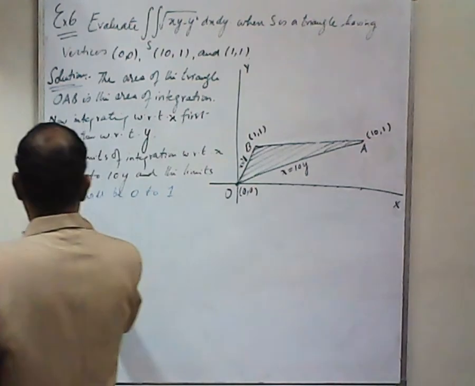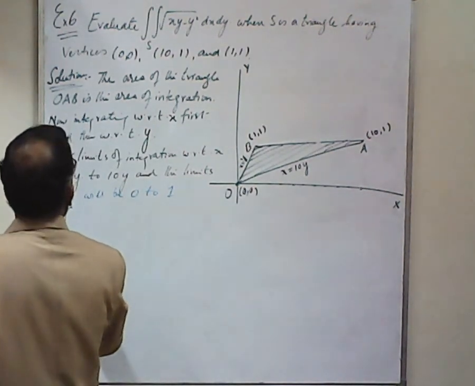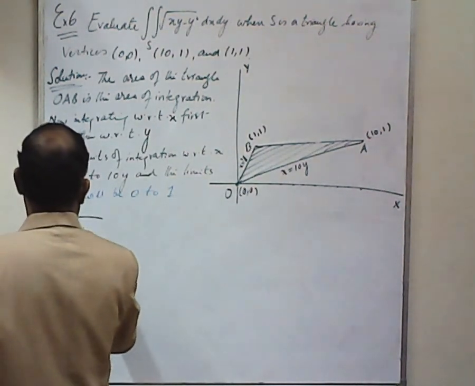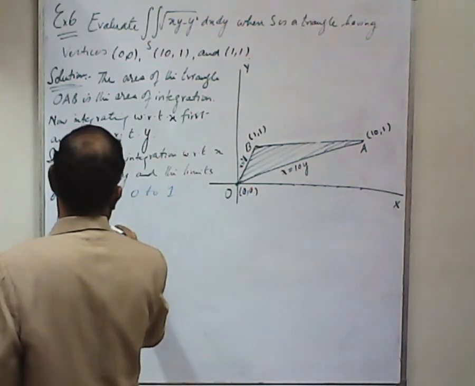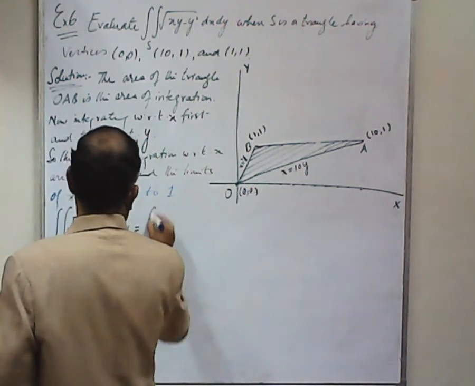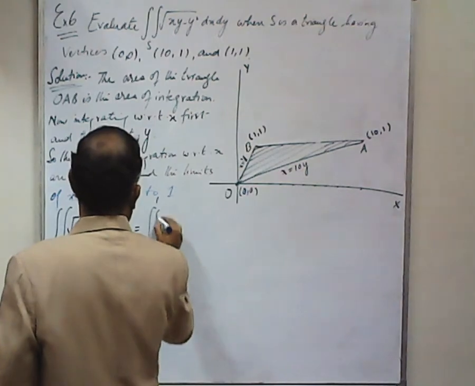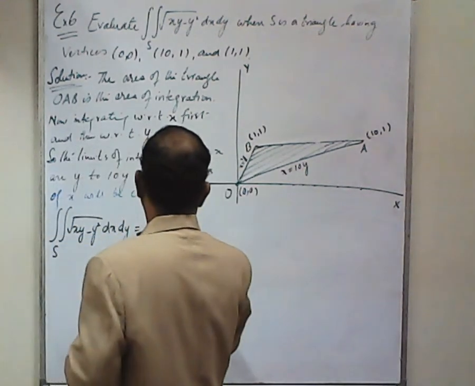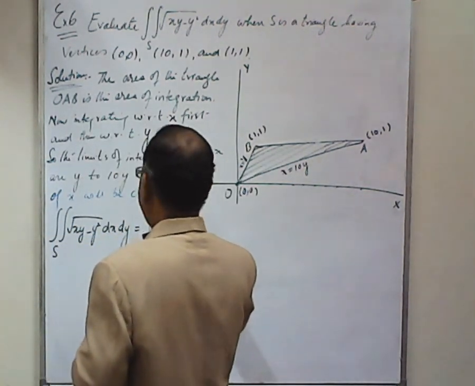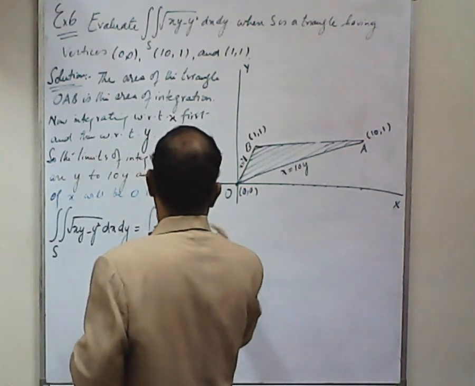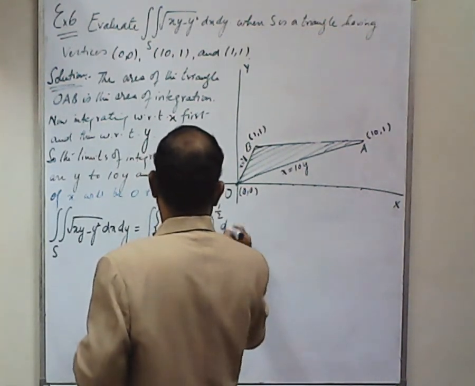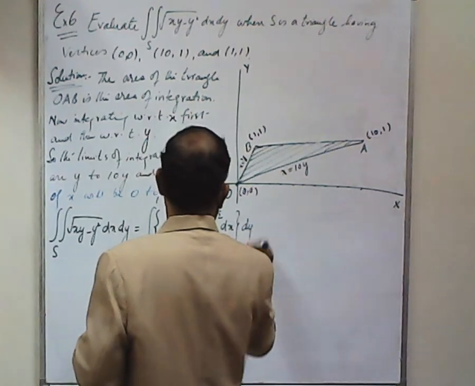So now I am integrating the integral of the square root of xy minus y square dx dy, which is the integral from 0 to 1, then integrating from y to tan y, of (xy minus y square) power 1 by 2 dx and dy.